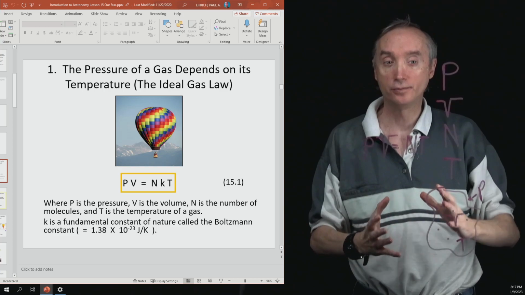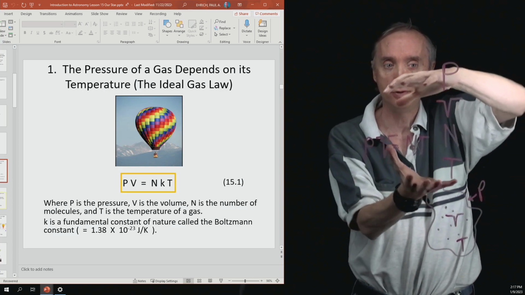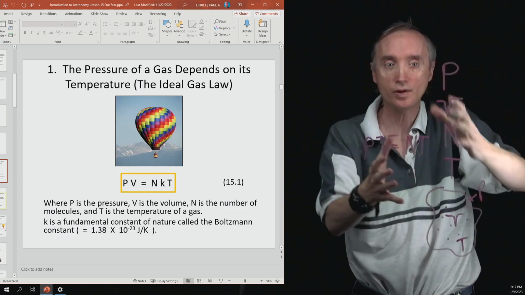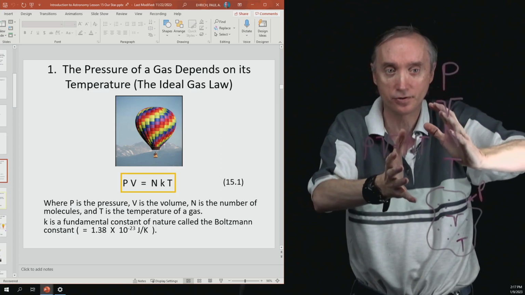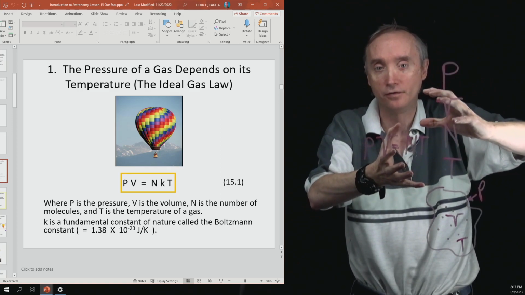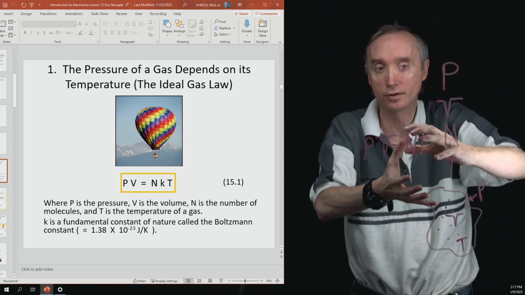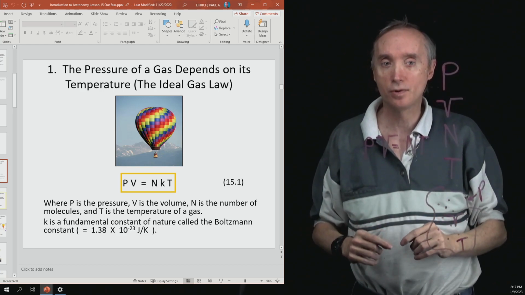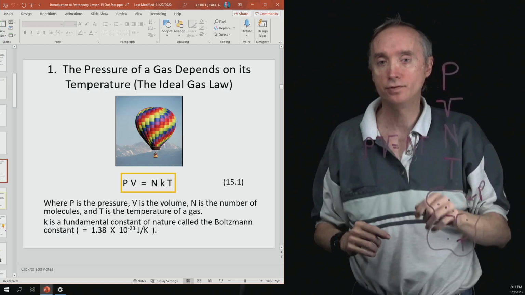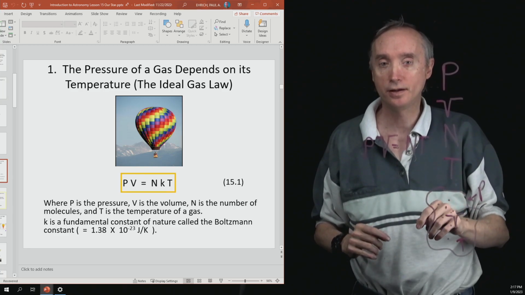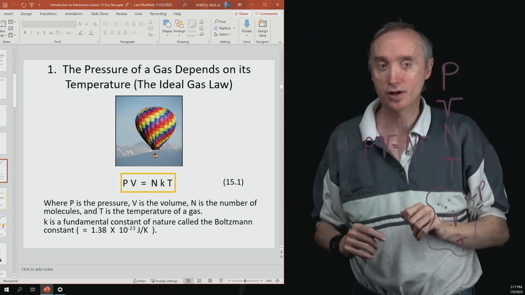The volume used to be this big. We're going to apply pressure to it, and so it's going to make the volume get smaller. If the volume gets smaller, what has to happen to the pressure, assuming that the temperature doesn't change?